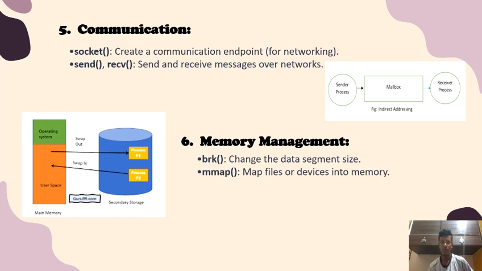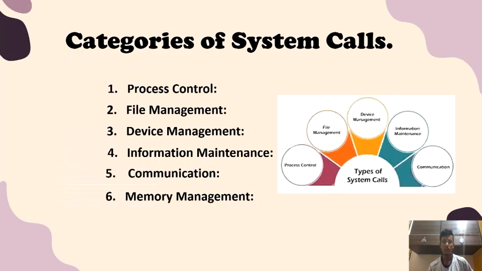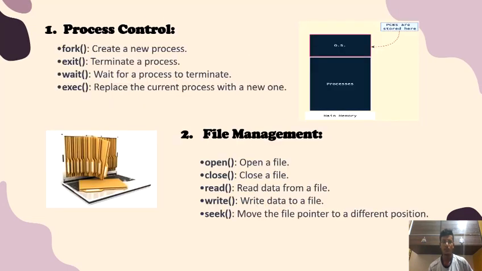It consists of two types: brk and mmap. brk is used to change the data segment size. mmap maps files or devices into memory. These are the six categories of system calls.